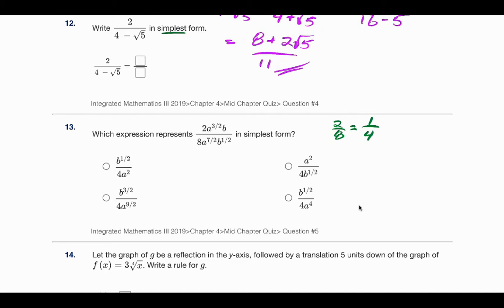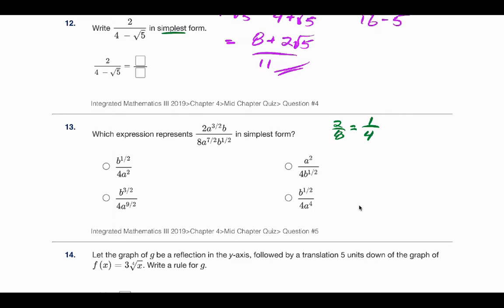If I have no variables up on top, I have to leave the 1 there, but if I have a variable up on the top, I don't have to. And it looks like by our choices here, we are going to have a number up on top.